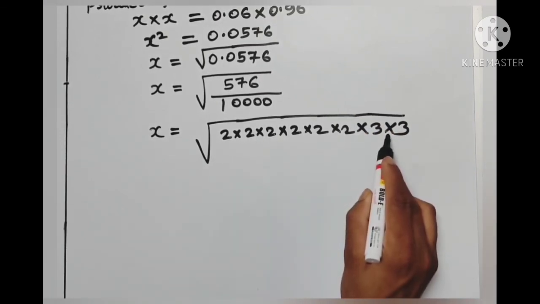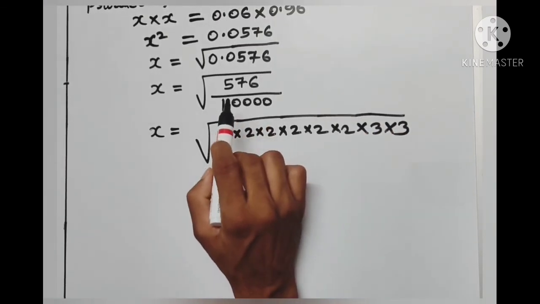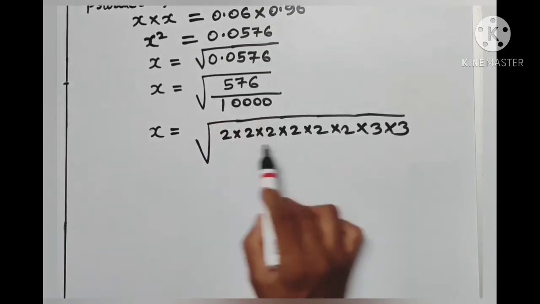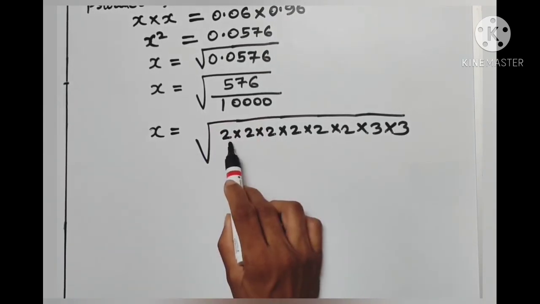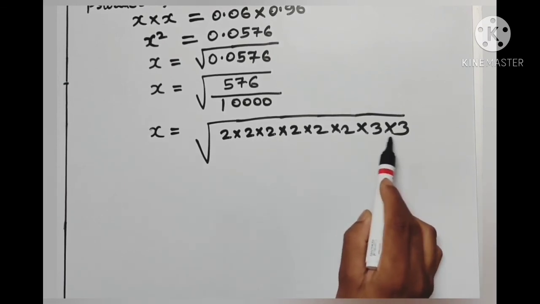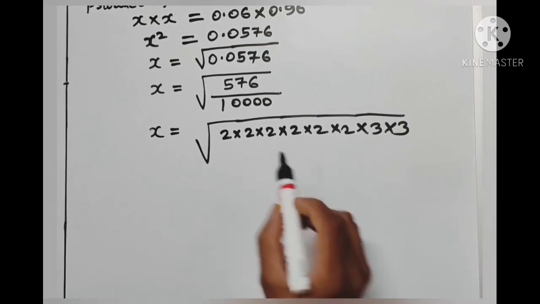These are the prime factors you will get if you find out the prime factorization of 576. Okay, 2 is multiplying 6 times and 3 is multiplying 2 times.